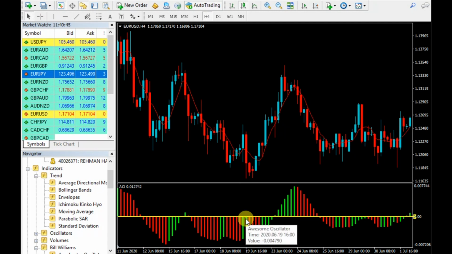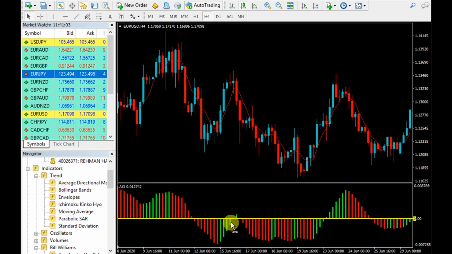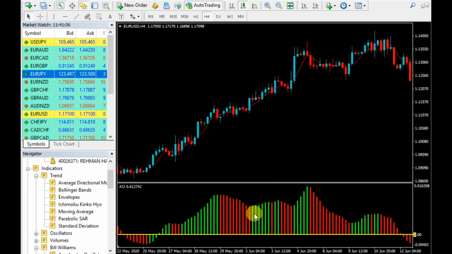You keep waiting, and your market is still below zero. As soon as you get a red candle over here, again you get a red bar. As soon as you get a second red bar, you go for a sell trade again. So that's the best way to deal with corrections on Awesome Oscillator.